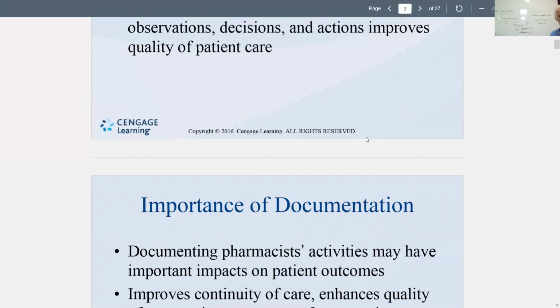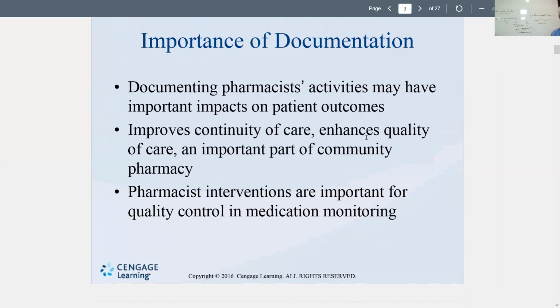In documentation, you all know, how many of you have taken the medical records classes? Okay. So you know that we have a lot of documentation. And a lot of this is required by insurance companies, Medicare, Medicaid, CMS. We document every prescription we fill, for instance.